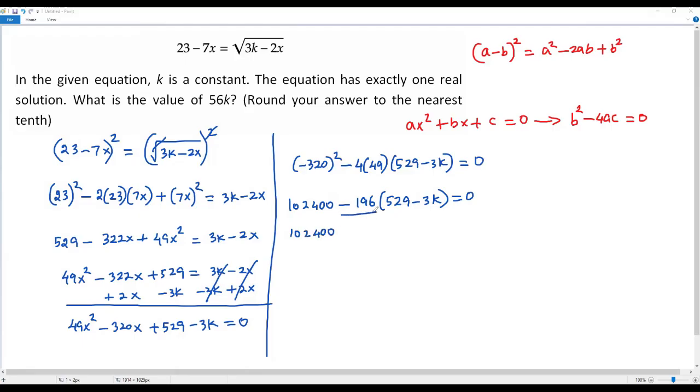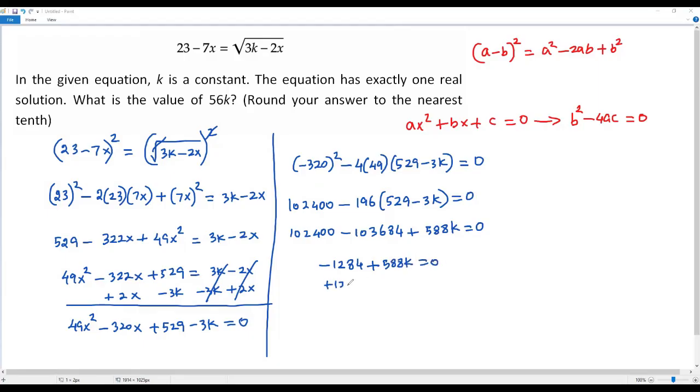We can distribute this negative 196 to both terms inside the parenthesis. When I multiply, I am getting negative 103,684. Negative times negative is positive. 196 times 3k is 588k, equals 0. Now we can combine these two numbers. When I combine them, I am getting negative 1284. We write the rest, positive 588k, equals 0.